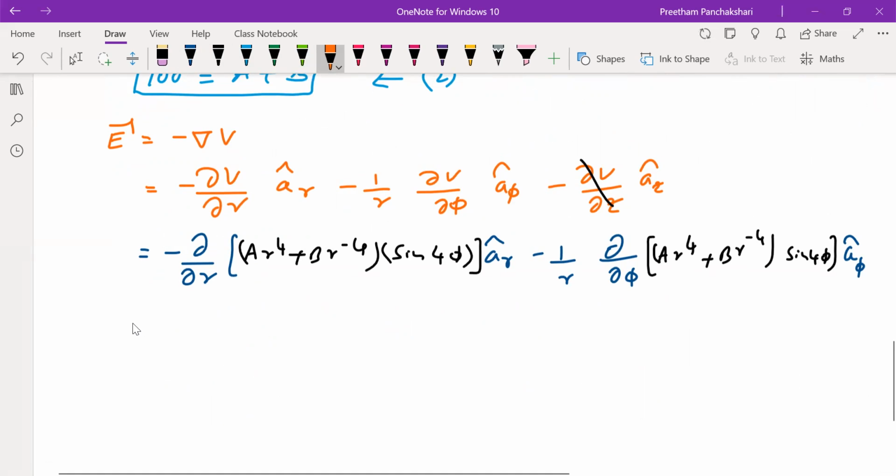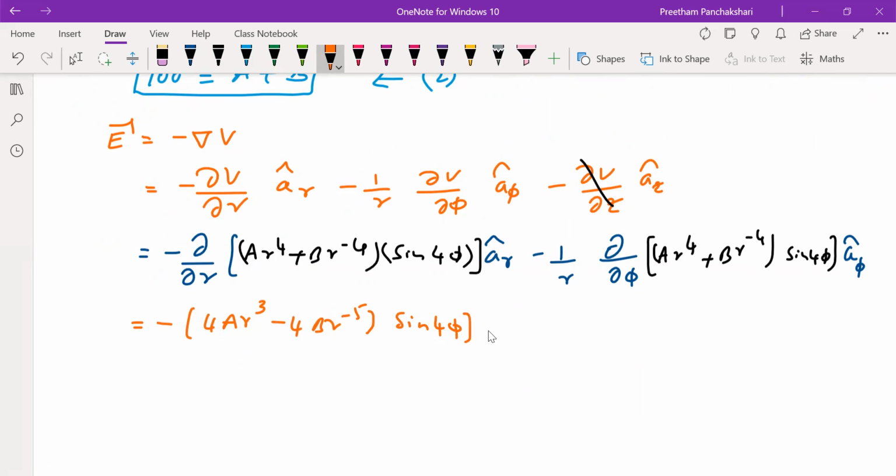Now let us differentiate this first term with respect to R. R power 4 gives 4A R cube, minus 4B R power minus 5, into sine 4 phi, which is constant, no change. Minus 1 by R. Second one is with respect to phi.